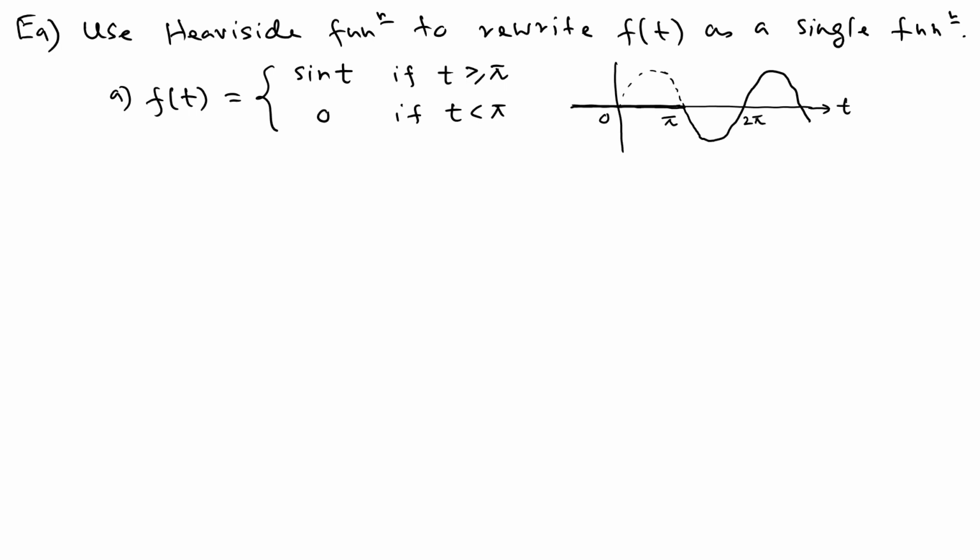So the trick is you can write this as u(t minus pi) times sine t. That's a switch, and then you multiply by whatever function you want. So this is just one single function, a product of two functions. After pi, the switch part is simply 1, so 1 times sine t becomes sine t. Before pi it is 0. That's the trick.